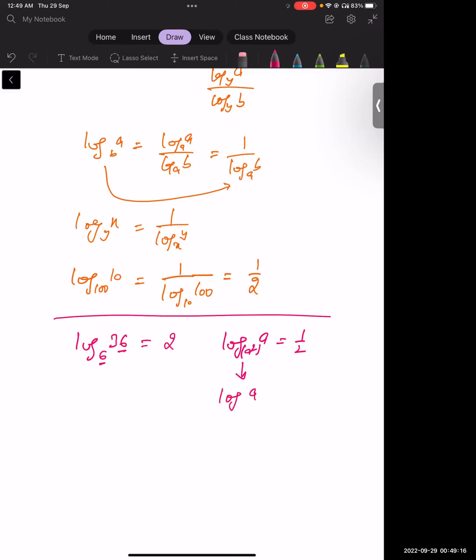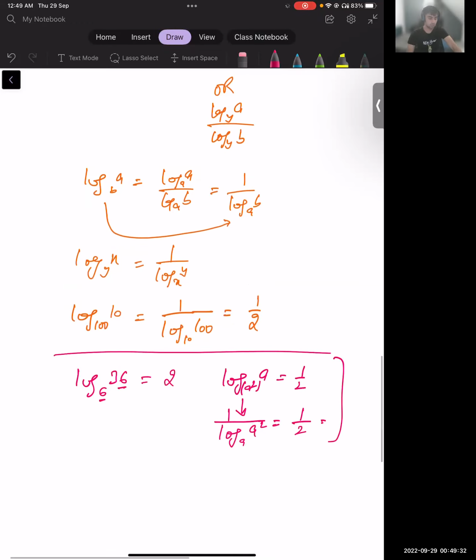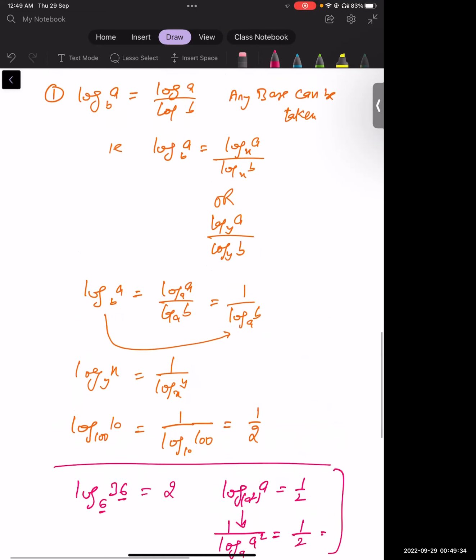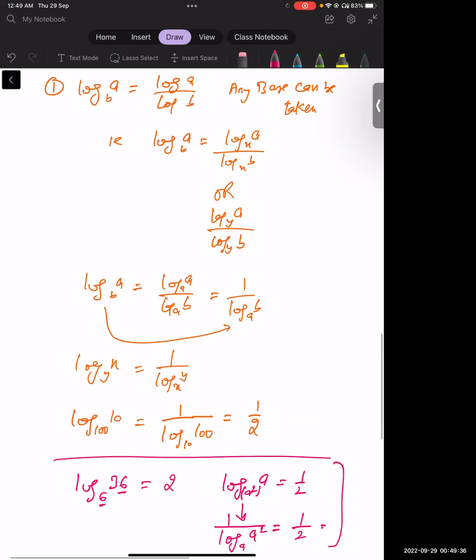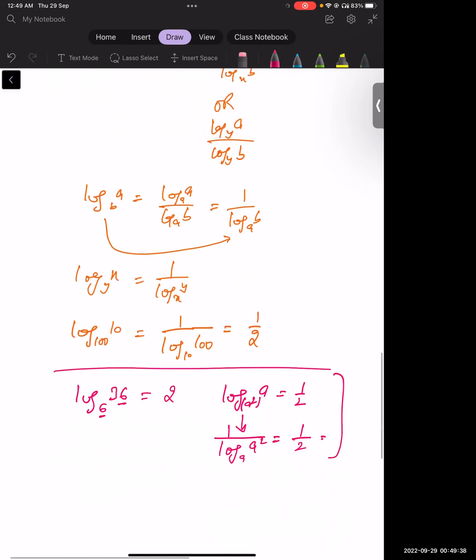Log a square to the base a: what should be the power of a so that it could become a square? It is 2. So the answer is 1 by 2 again. Is that clear to you? This is one of the properties we use whenever it comes to any question, and if we don't know the answer, we can convert the base.